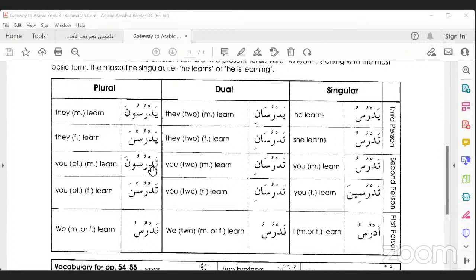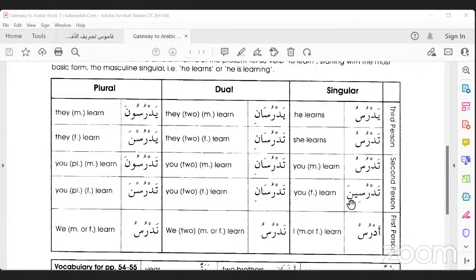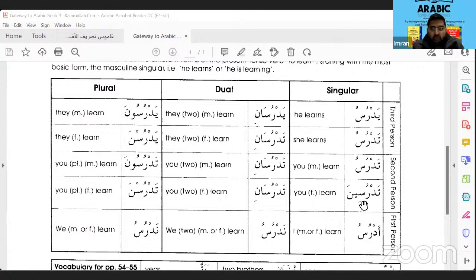And now for second person female, tadrusina, single female. What's the difference between tadrusu and tadrusina? You one male learn and you one female learn. So what did you have to add to make it you one female learn? Ya and nun. Excellent. And the previous letter comes with a kasra.